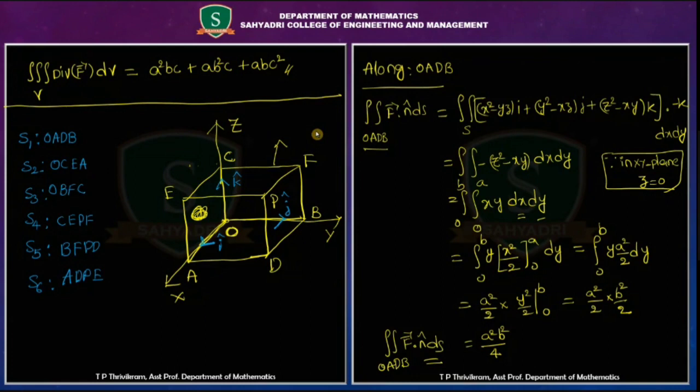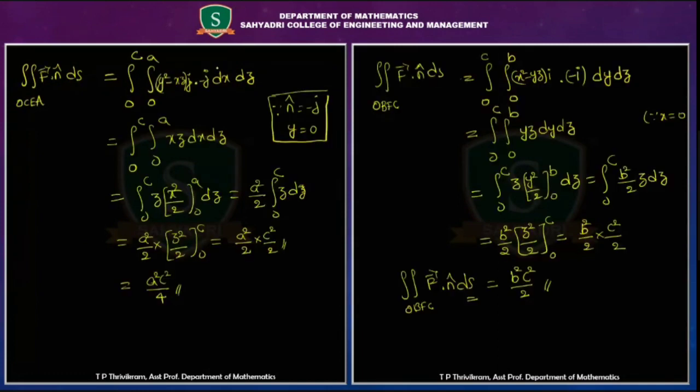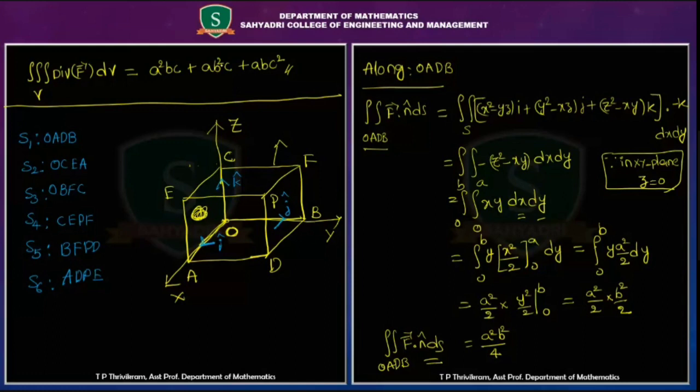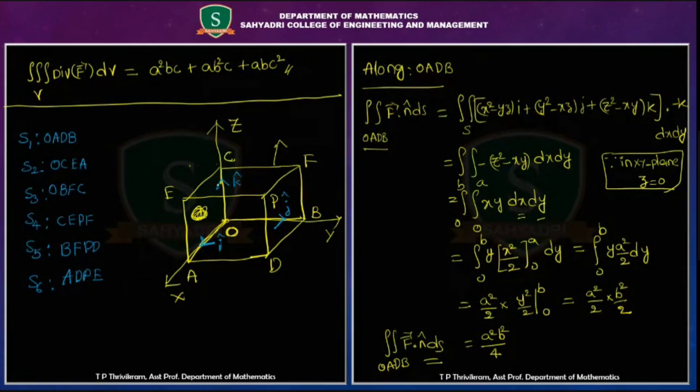So what we need to do is here, this is dx dy. Here the value is unit vector. Unit vector is k, but this time this k vector is towards the surface. So you have to take plus k there. So here n cap value is plus k because the unit vector is towards the surface.